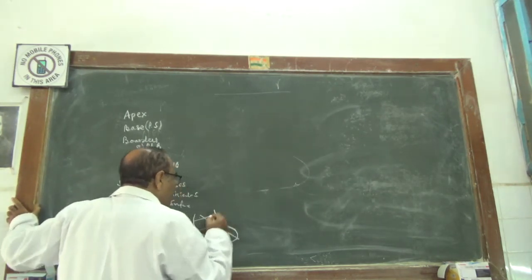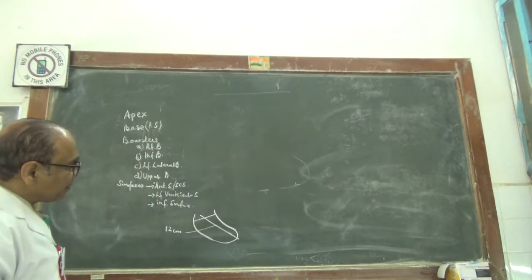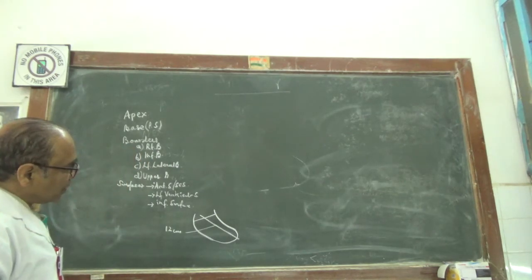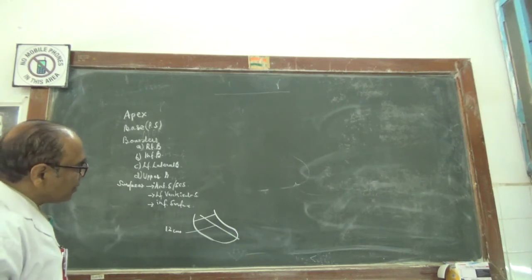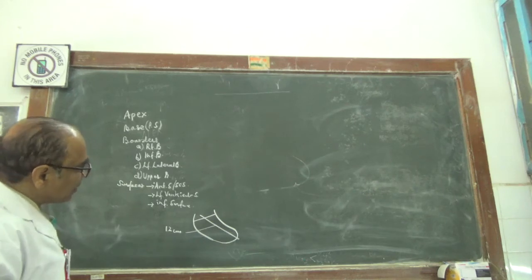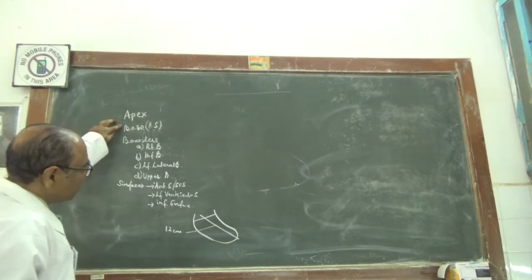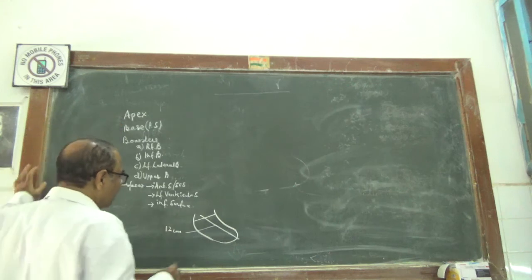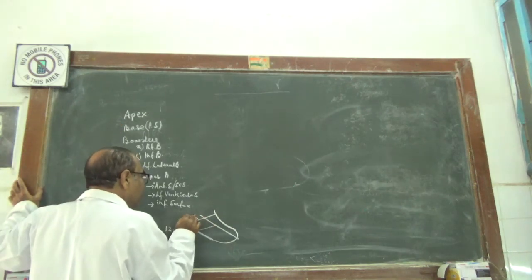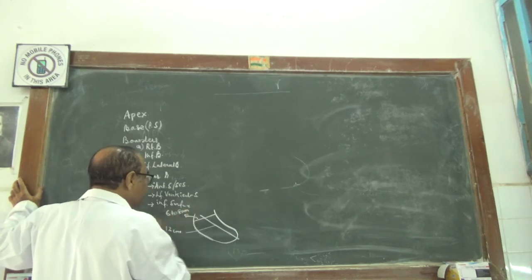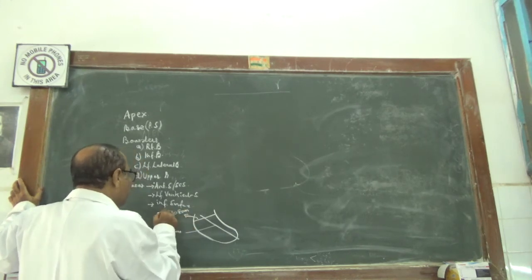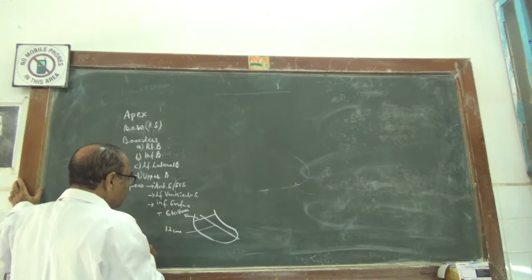Then the broadest part of the heart, that is the beginning of the right border and the beginning of the left border, exactly at the level of the base where it is the broadest, will be 6 to 8 centimeter. So this is the transverse distance. This is the length.